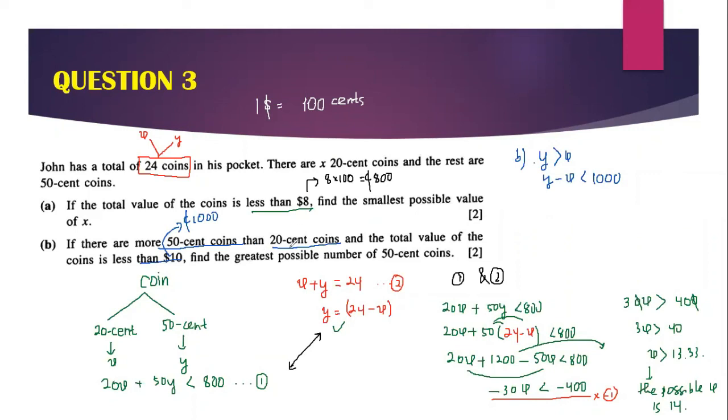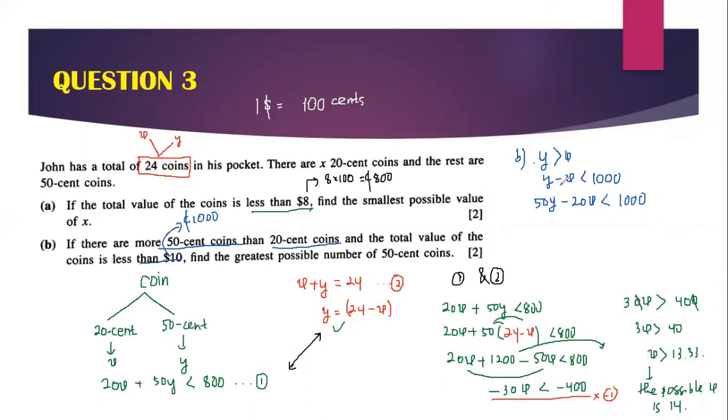The information is the total value of the coins is less than $10. So we can modify this one. 50 cents is the representative of Y. So 50Y minus 20X less than 1,000 cents. Is it clear to you?